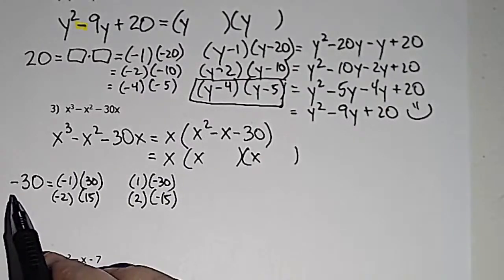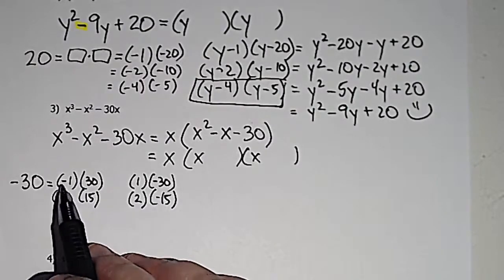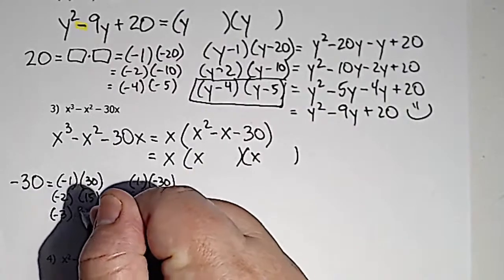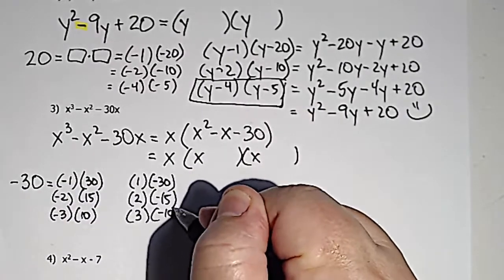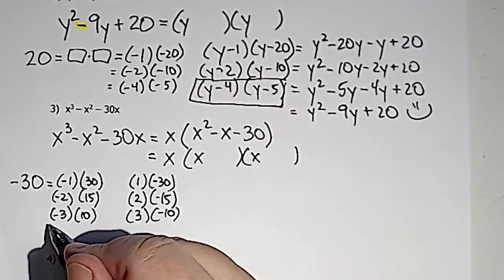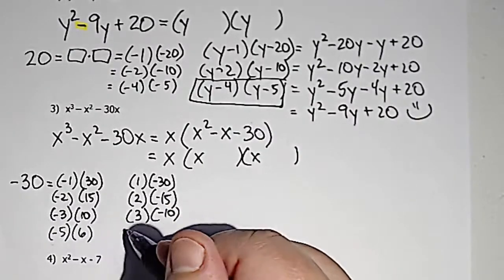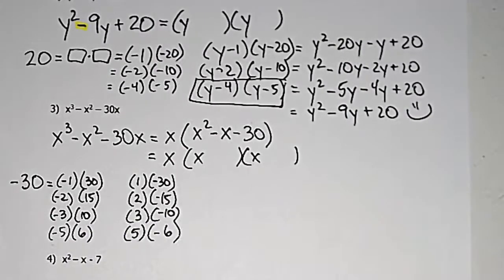Right? To make a negative, one of them has to be negative. So these two are different because they take turns being negative. I could have negative 3 times 10, or 3 and negative 10. I could have negative 5 times 6, or positive 5 and negative 6.